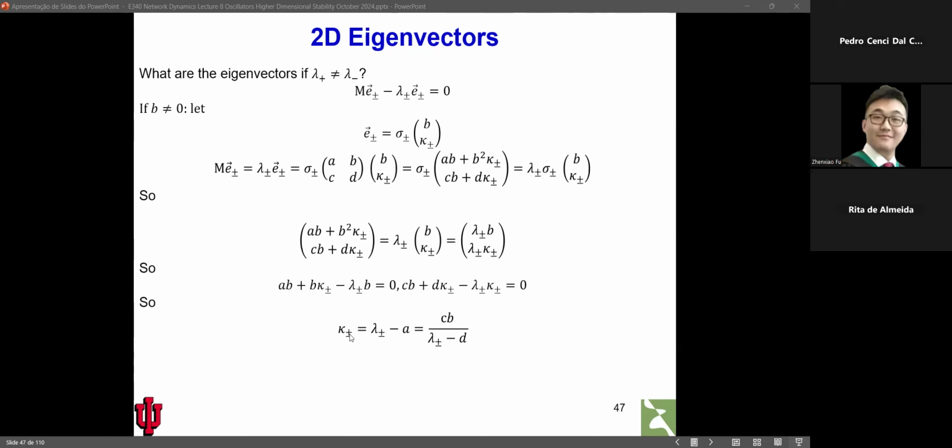Then you can find k plus minus as a function of the eigenvalues and the components of the Jacobian of the matrix.